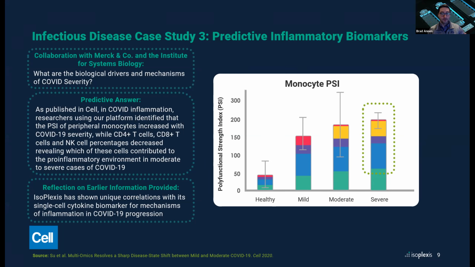The study then went on to further investigate an IL-6 inhibitor. Post-treatment of that IL-6 inhibitor revealed downregulation on the monocytes, upregulation on the CD4 T cells, and ultimately correlated to patients recovering from these severe and moderate cases of COVID-19.